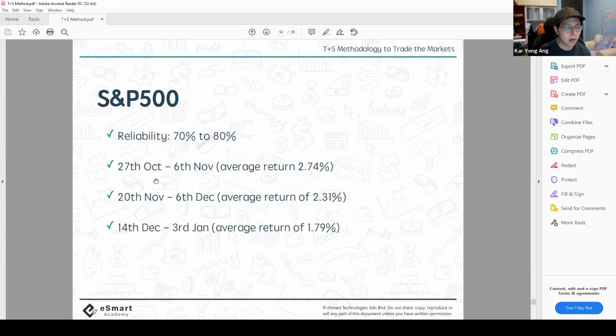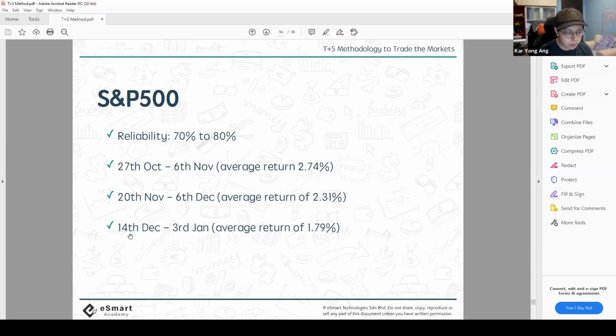So from now until October, there isn't any advantage. In other words, if you're looking to trade the S&P from now until October, don't go and trade it first. It's not going to benefit you. It's difficult. But from 27th of October onwards to 6th November, you can focus on the buy. 20th of November to 6th December, focus on the buy.